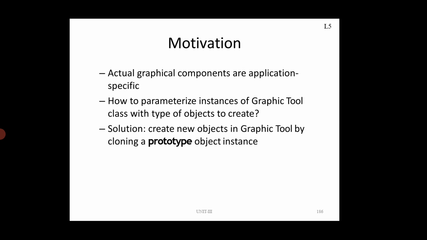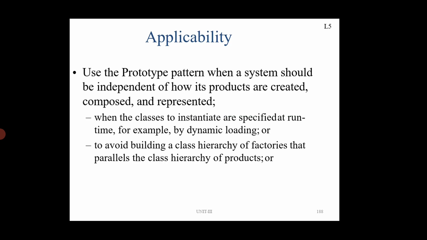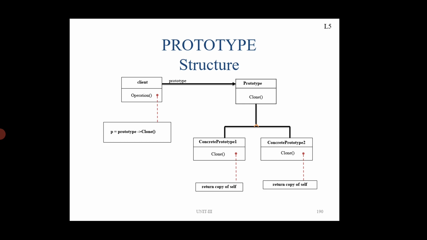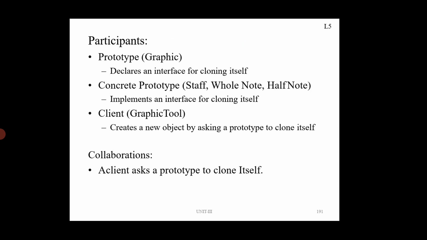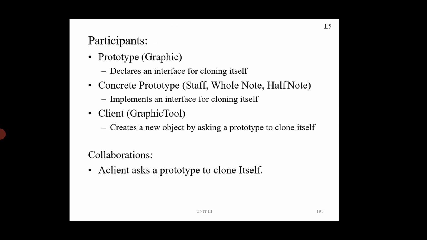I have already covered the motivation, the applicability, the structure representation, the participants, and finally the collaboration. In the next class we will see the consequences, the implementation, the sample code, the known uses, and finally the related patterns of the prototype design pattern. If you have any doubts, please contact me.